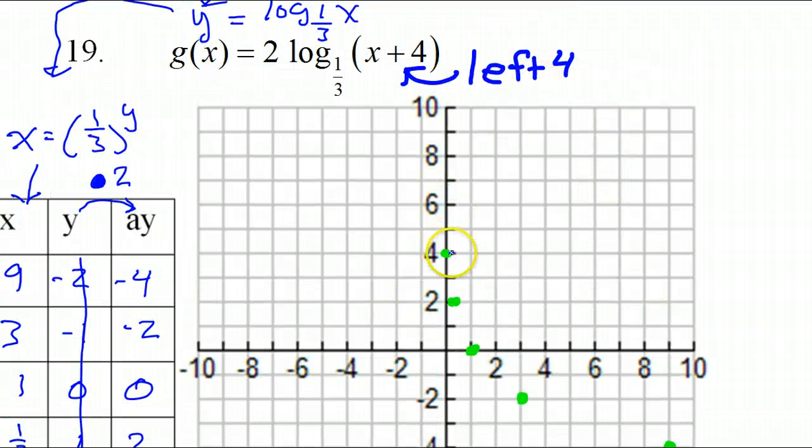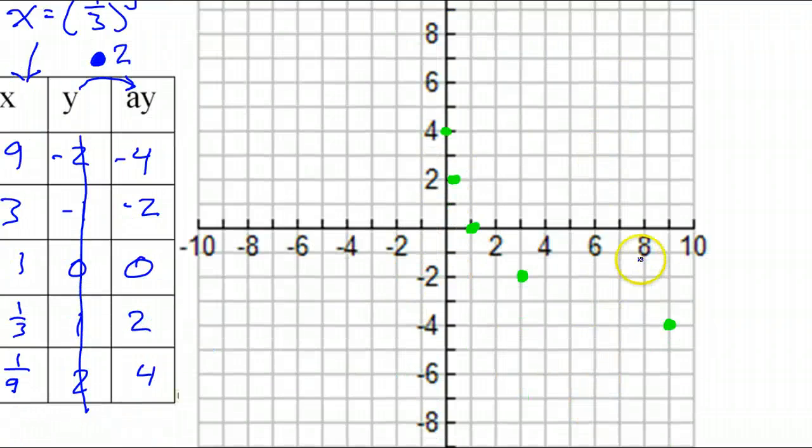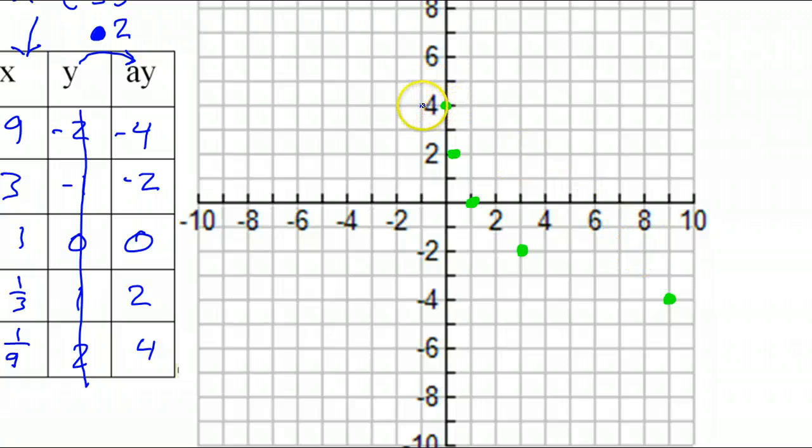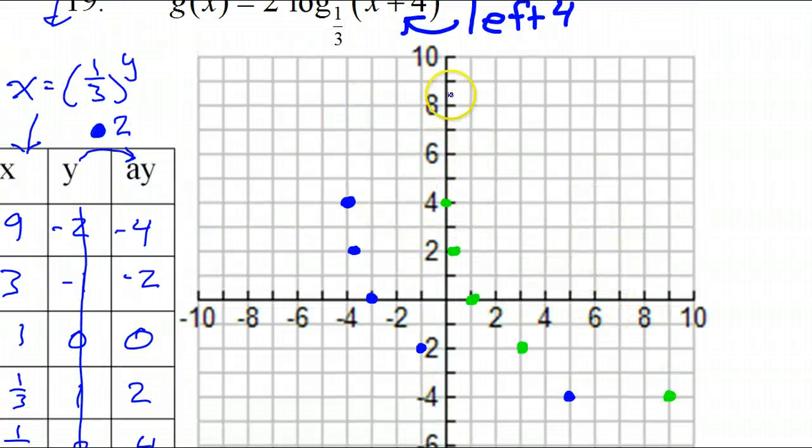So I'm just going to take all of these points and move them left 4. So 1, 2, 3, 4. 1, 2, 3, 4. 1, 2, 3, 4. Alright, now these will be the actual points. Now the asymptote, which usually is the y-axis, will also be shifted left 4.